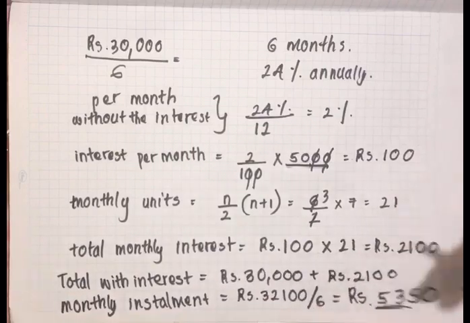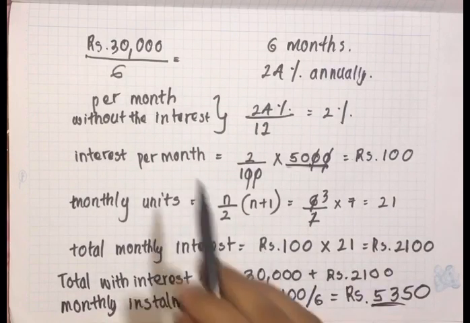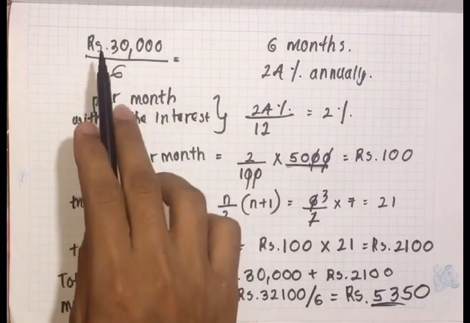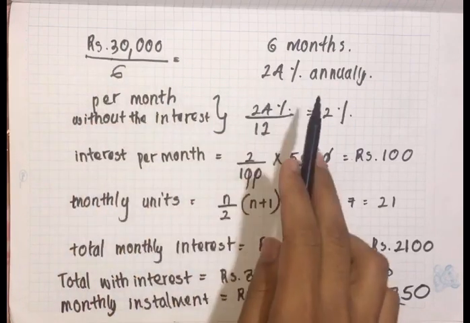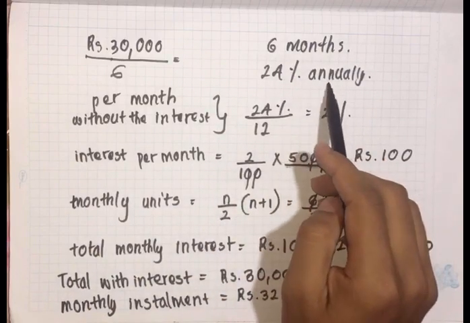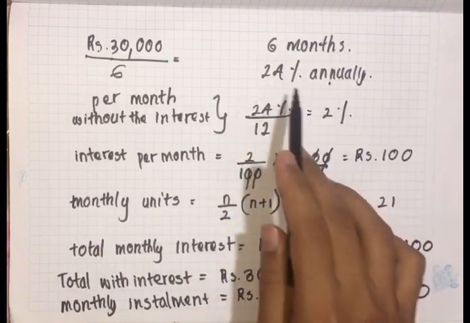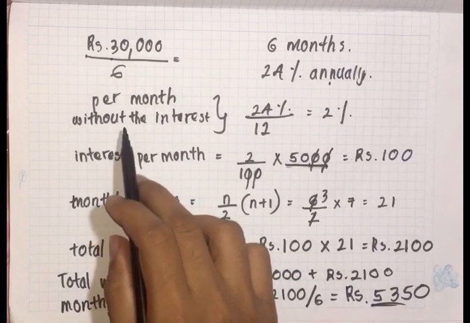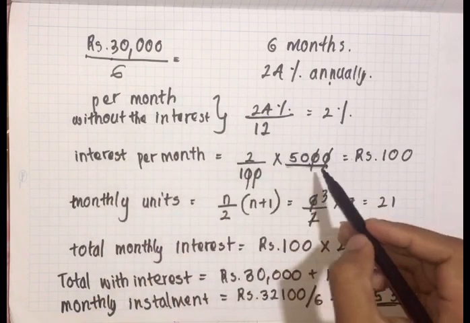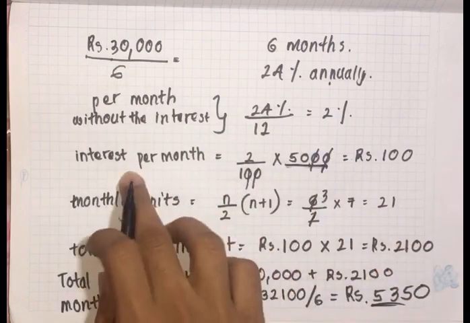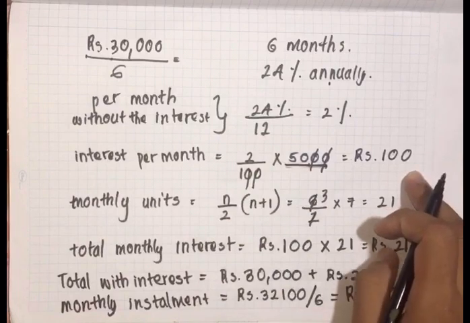These are the methods you have to follow. First you have to find out the total amount you have to pay, and then find out for a month how much you are going to pay. Don't forget to convert the rate to monthly installments; they normally give it in annual terms. You must find out how much you should pay for a month. That will give you 5,000, and then the interest for 1 month is easy, you get 100.